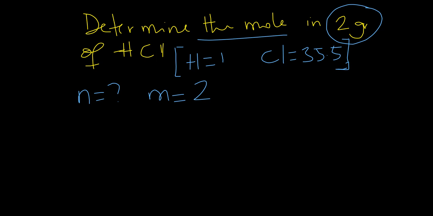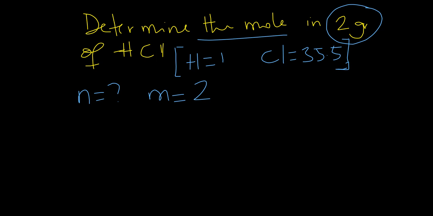Then of hydrochloric acid. Here the molar mass hasn't been given to us. Rather, the masses of the individual atoms had been given to us. So what it means is that we have to calculate the molar mass of hydrochloric acid by ourselves.